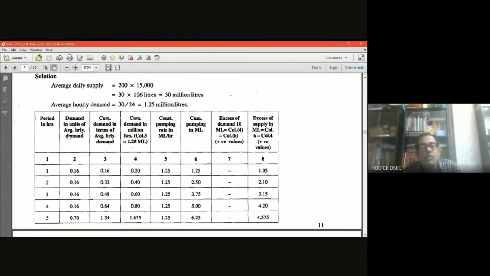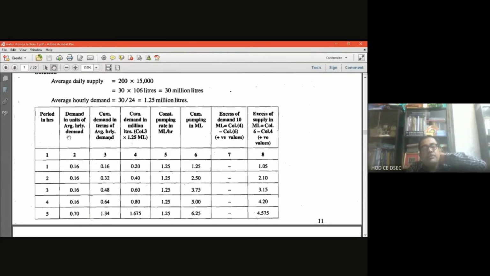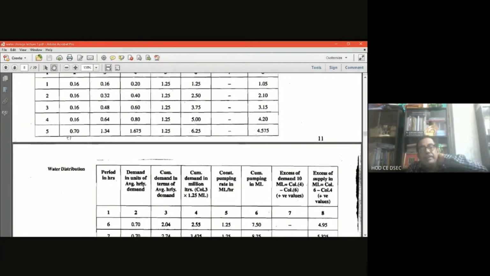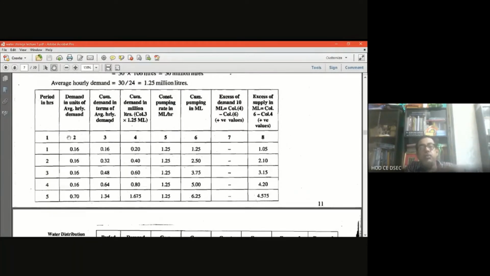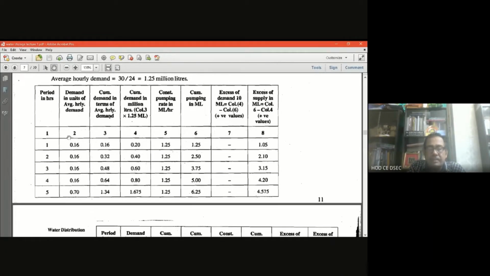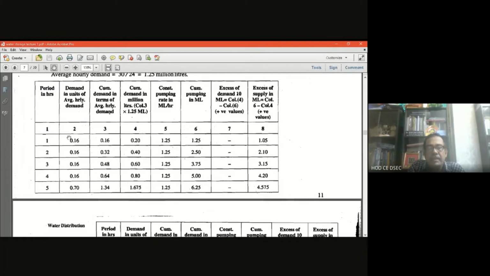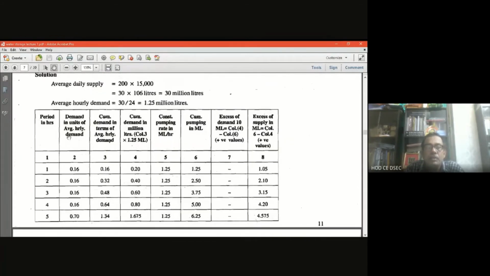Fine. Now what is the constant pumping rate? The constant pumping rate for 24 hours is 1.25 throughout. Now what is the cumulative pumping? That is calculated in column number 6. Columns 7 and 8 are for the excess of demand and the excess of supply.